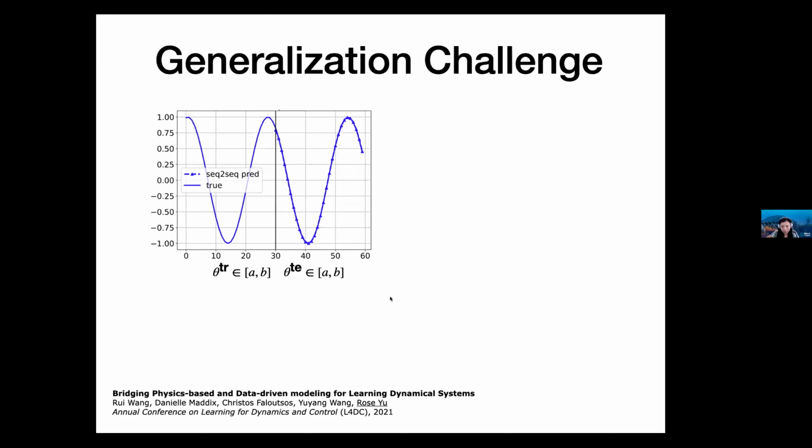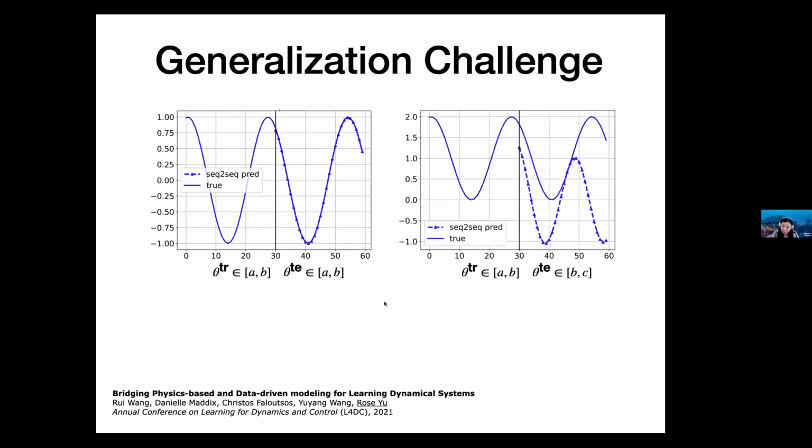However, if we change the way we construct training and test set, on the right plot, the parameter theta, which is the magnitude and phase parameter of the sine curve, is drawn from the interval A and B, but the test set is drawn from a slightly different interval B and C. And you can see here that the training data distribution in terms of parameters is different from that of the testing data.